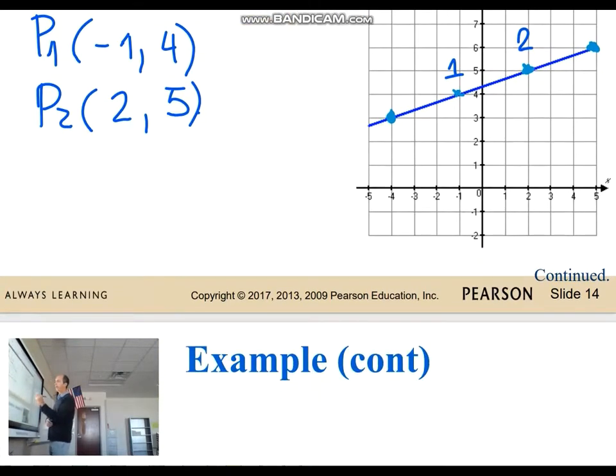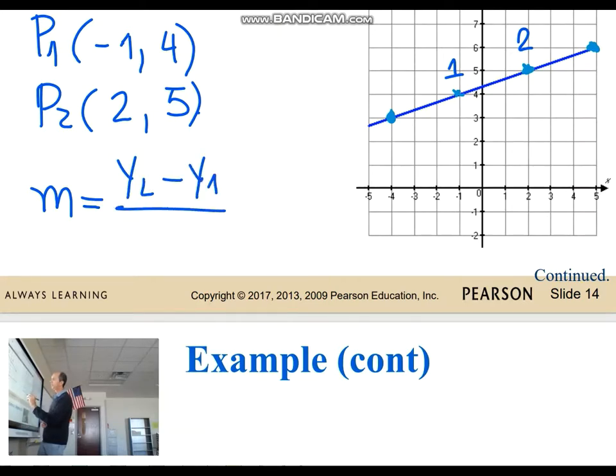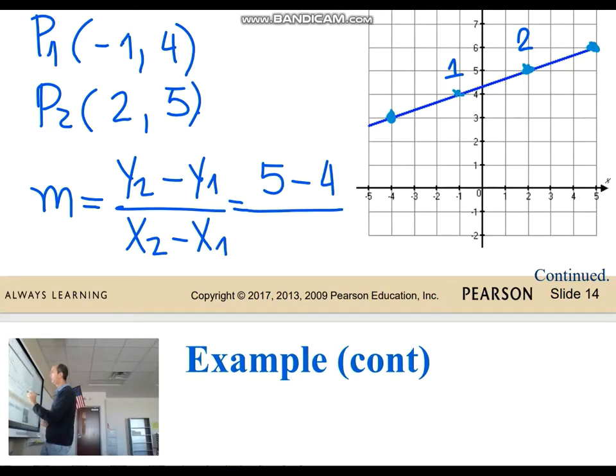So apply into the equation of the slope, y2 minus y1 over x2 minus x1. y2 is going to be 5, y1 is 4, so over x2 is 2, x1 is negative 1.